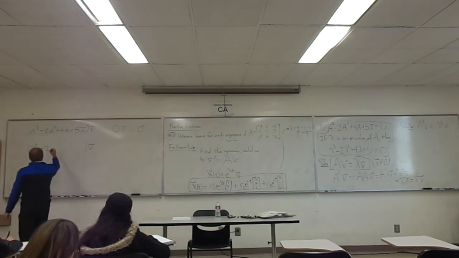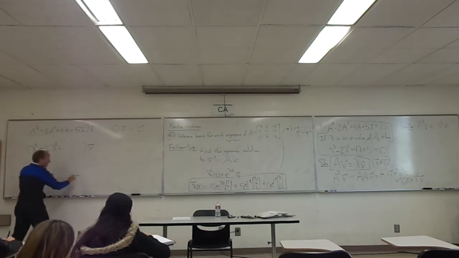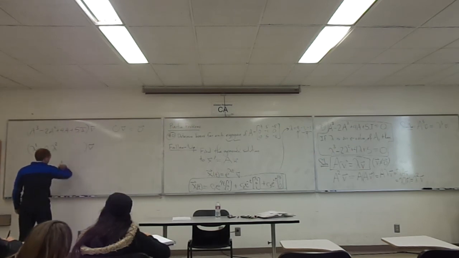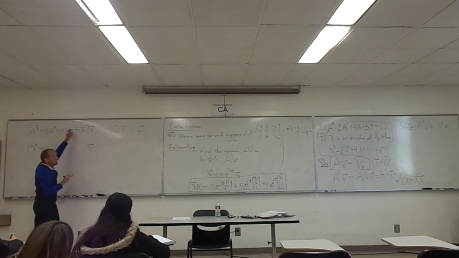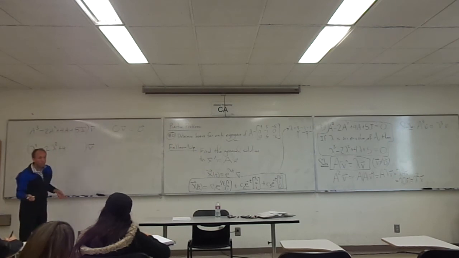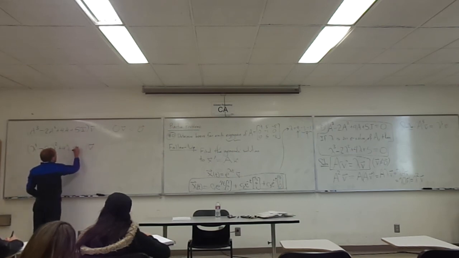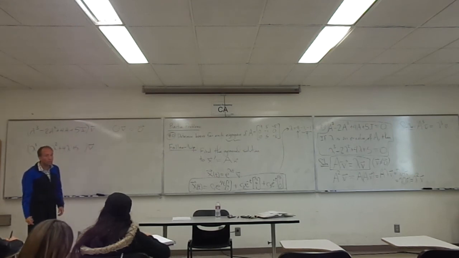Lambda squared V, very good. And I've already factored out the V, so I just have minus 2 lambda squared. Next I have 4 times AV. So what's that going to become? Just a lambda there, right? Okay. And then plus 5 times identity matrix times anything is just the same thing again. So that's just the V.